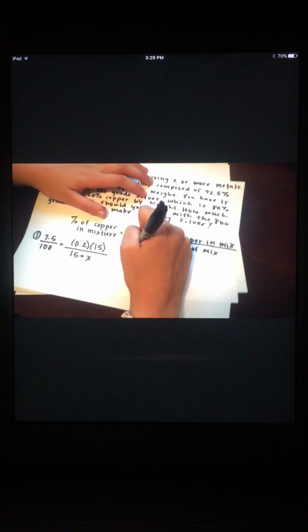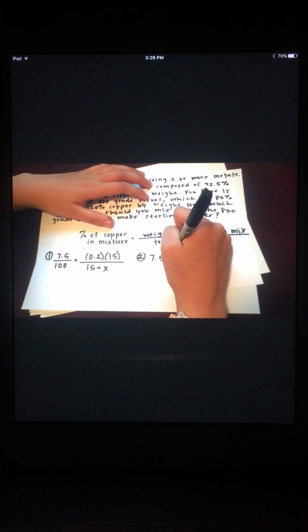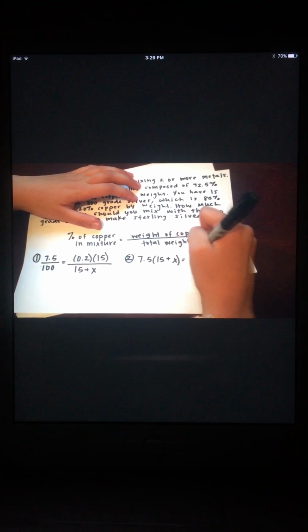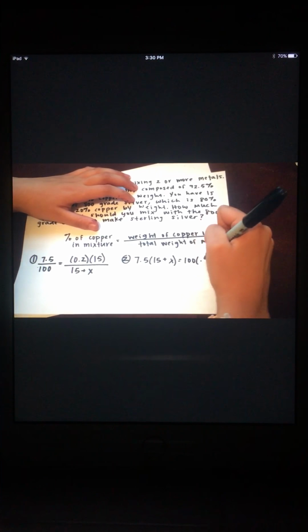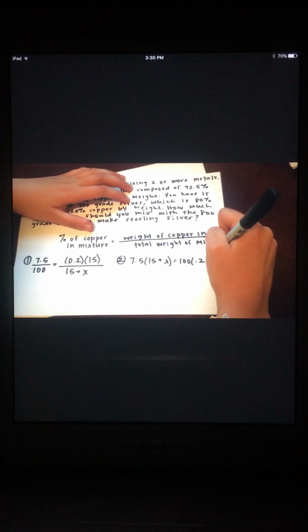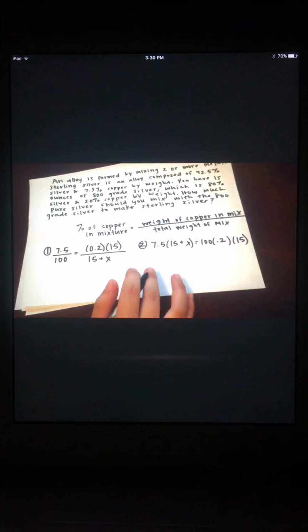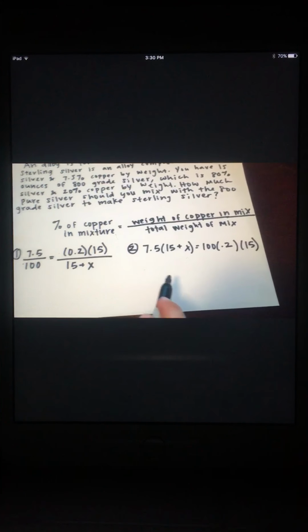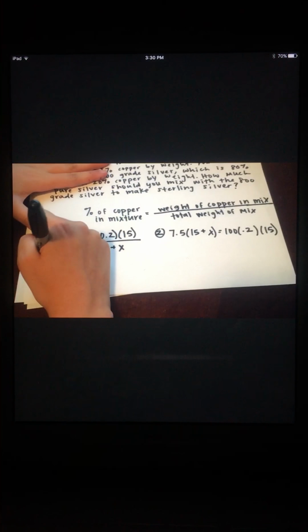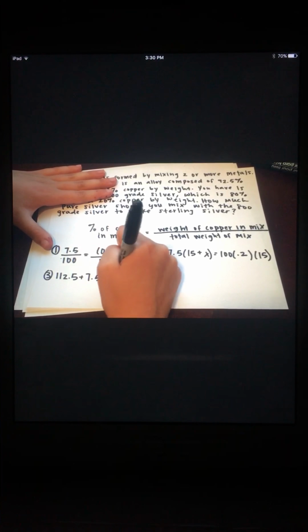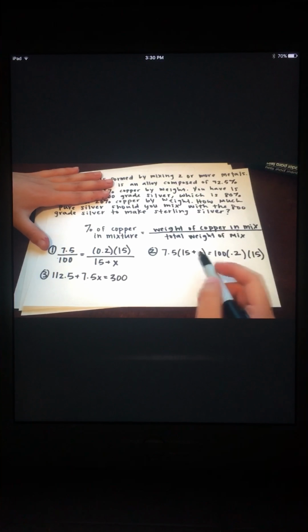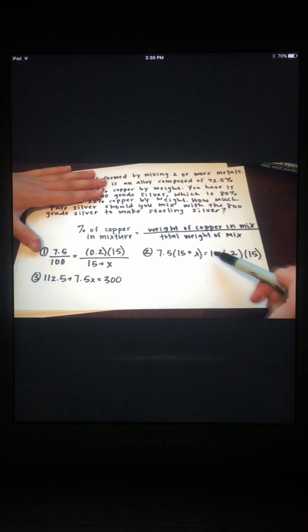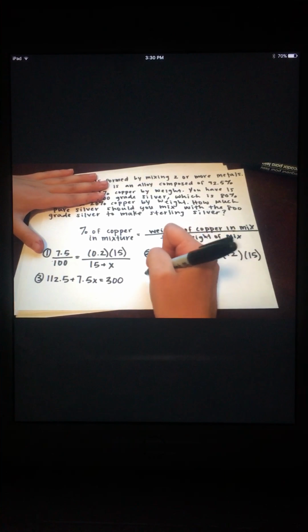Cross multiply. Distribute and simplify. 7.5 times 15 plus x, and same with this side, which gives you step 3.